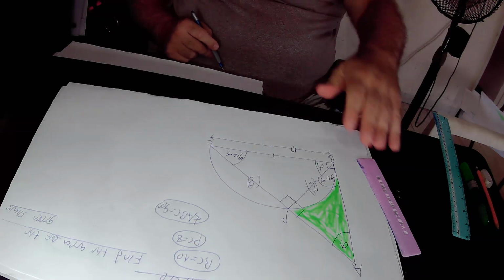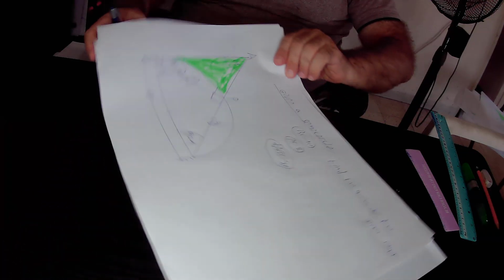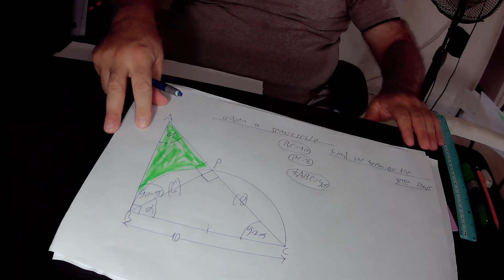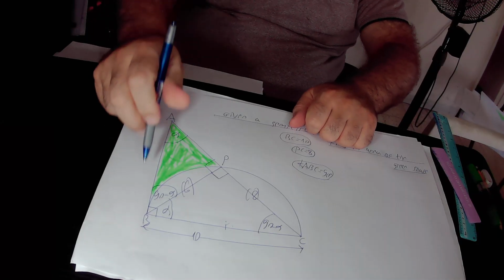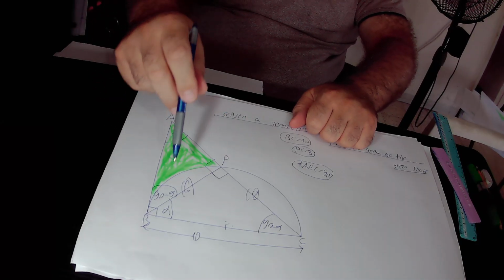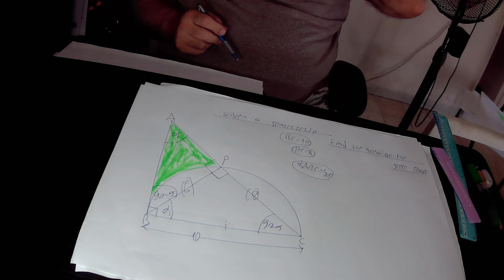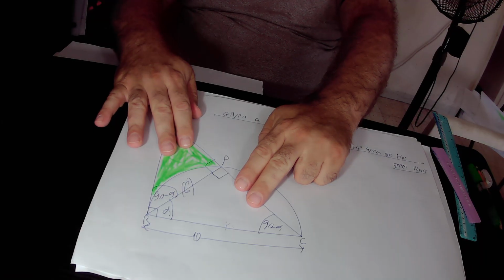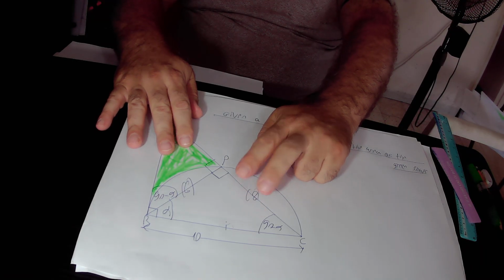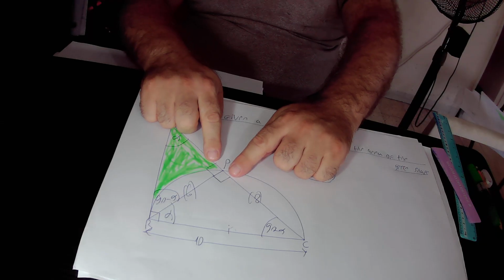So in the next step, we prove that the right triangle ABP is similar to this right triangle BPC according to the angle similarity rule. So why are those two right triangles similar to each other? First of all, those two angles are both equal to 90 degrees, and therefore they are equal to each other.